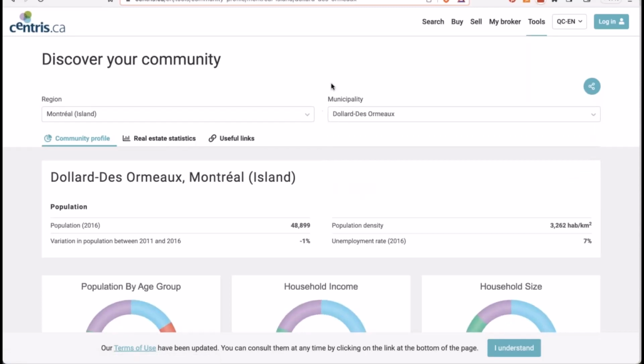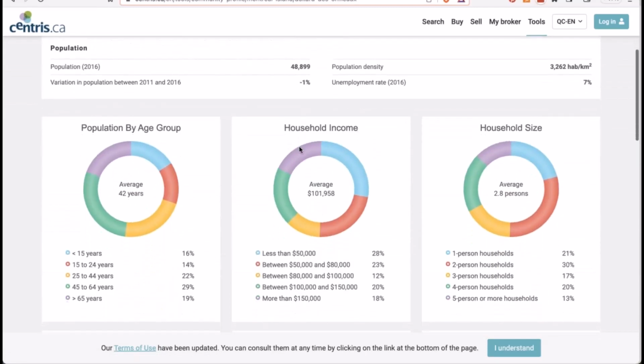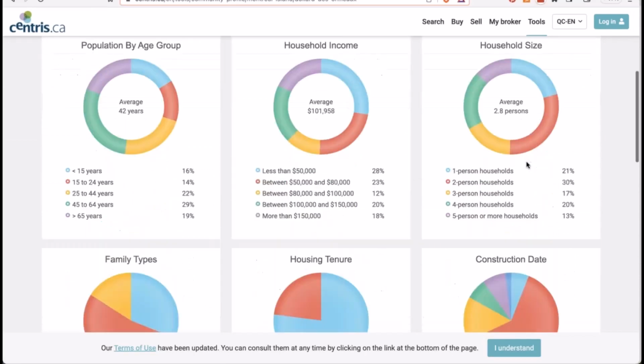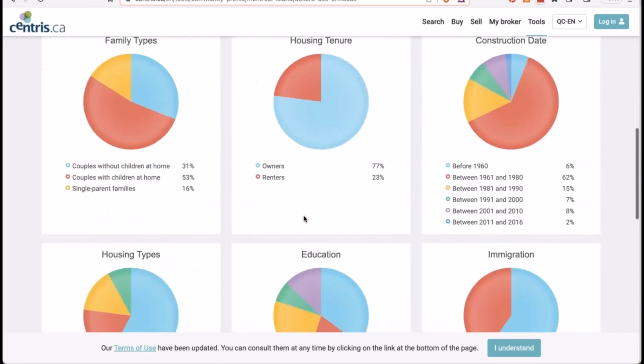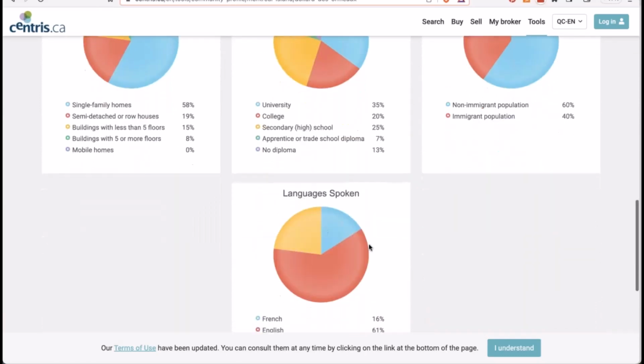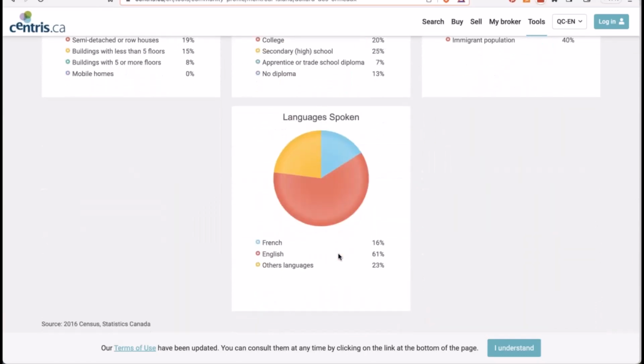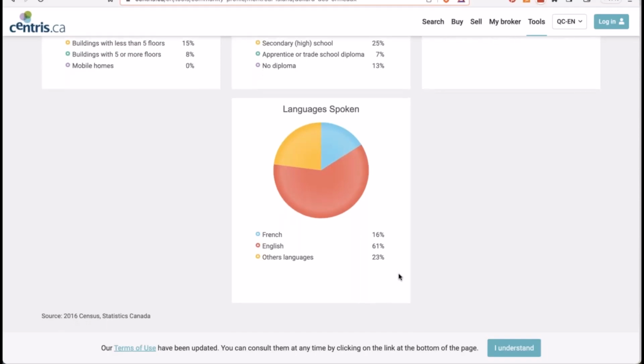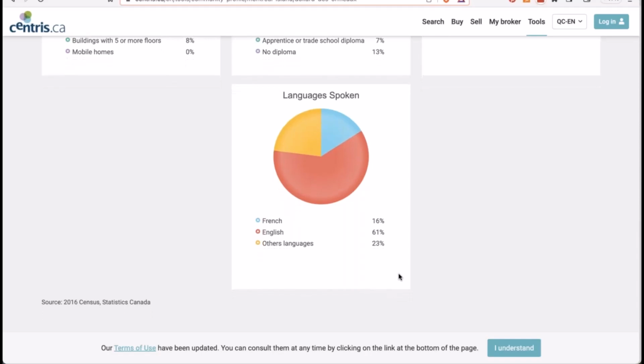So you can select the municipality here and see the population by age, household income, household size, family types, and maybe something that'd be interesting for someone who's arriving, in my example here, is the spoken languages. So if it's a majority of French and your client doesn't speak French at all, might not be the ideal neighborhood, or maybe it is if they want full immersion.